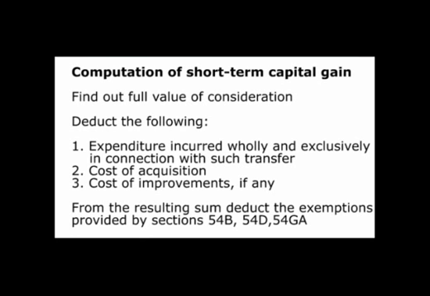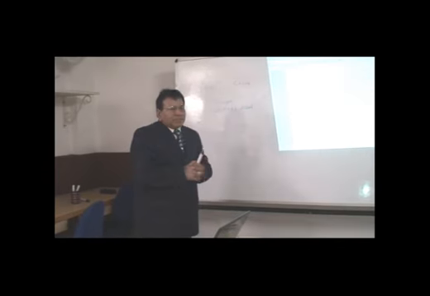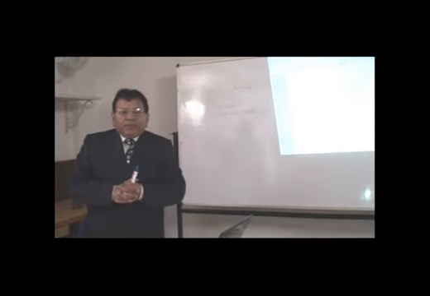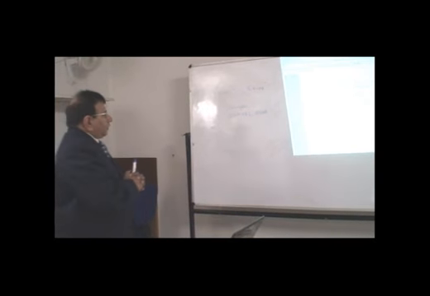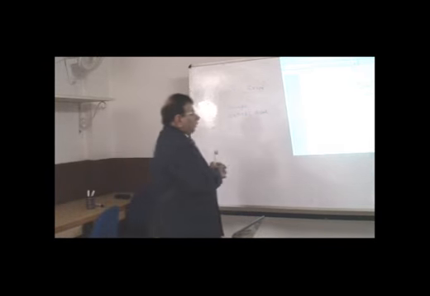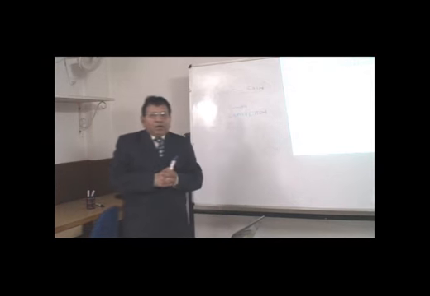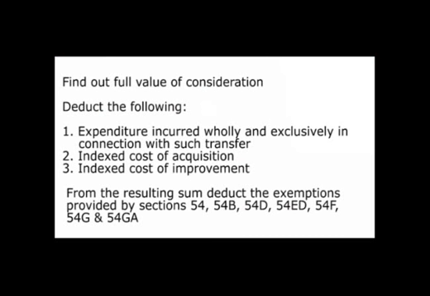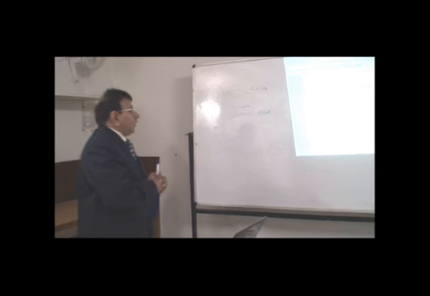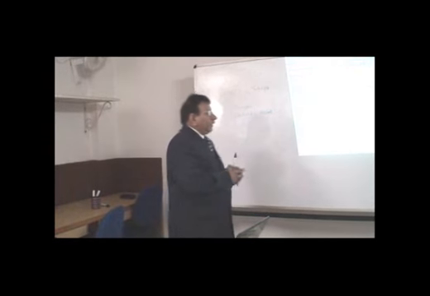If we want to calculate the long-term capital gain, then the process seems to be quite similar, but instead of deducting the cost of acquisition, we will determine the indexed cost of acquisition or indexed cost of improvement. So the indexed cost of acquisition and indexed cost of improvement form the basis for the computation of long-term capital gain.